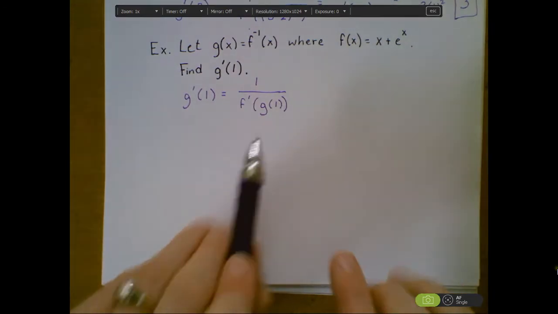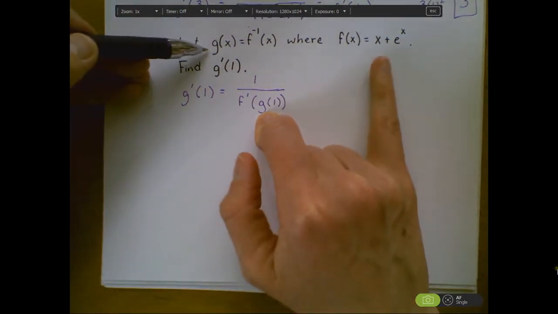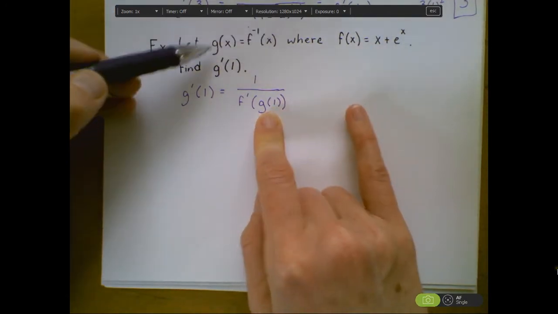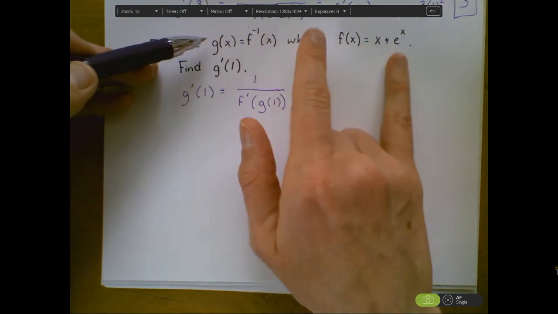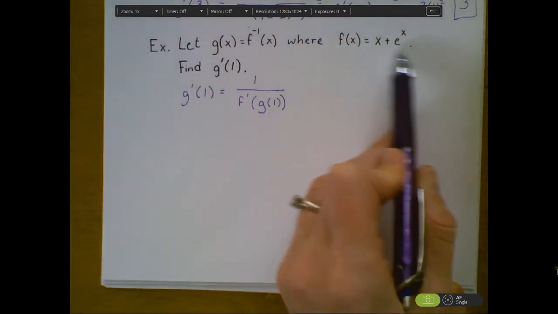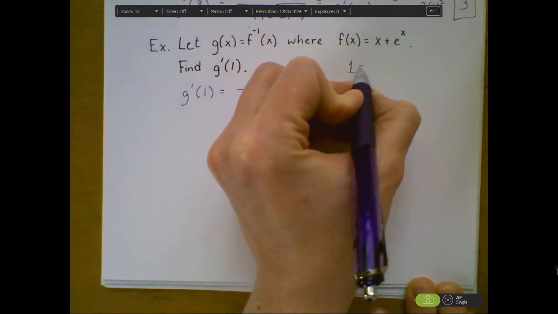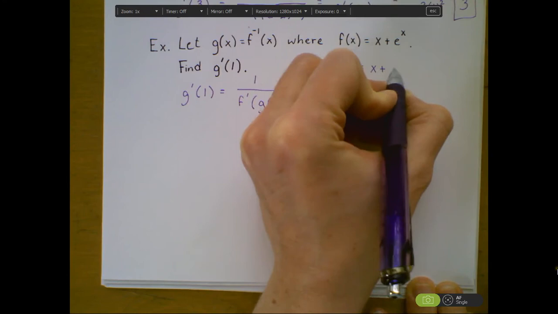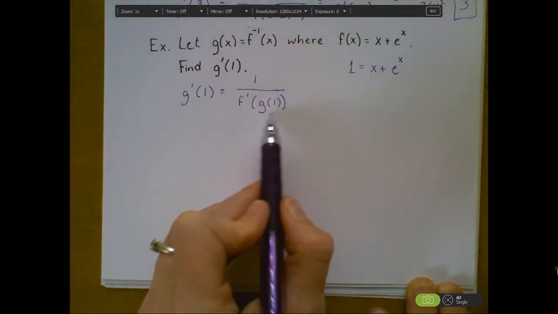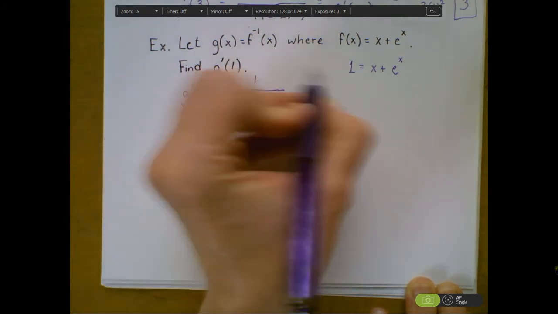And we need to do a little work. This is a tricky problem because we don't have our g function, and it's very hard to solve to find the g function. But what is our g function? Our g function is an inverse function. So if our input to g is 1, that's going to be the output of the f function. So I want to know when 1 is equal to x plus e to the x, it means our g value, g of 1, would have to be equal to 0.